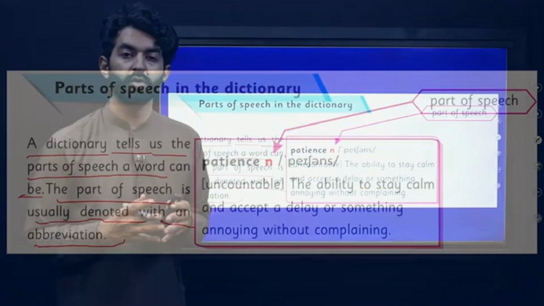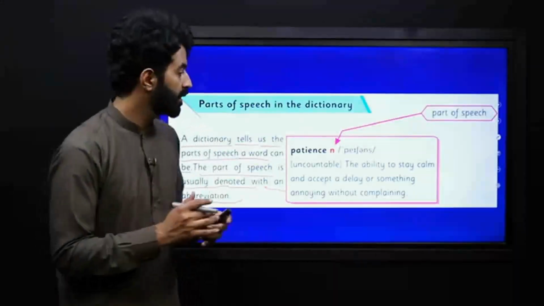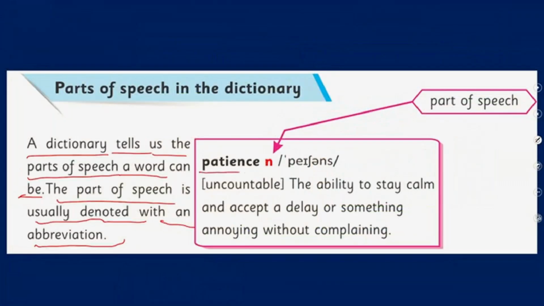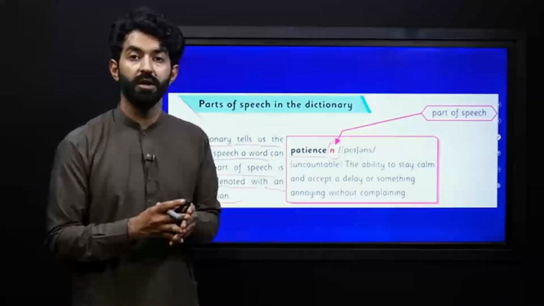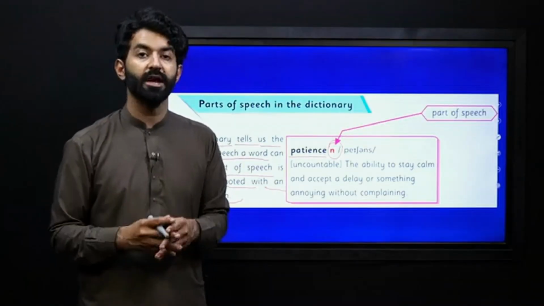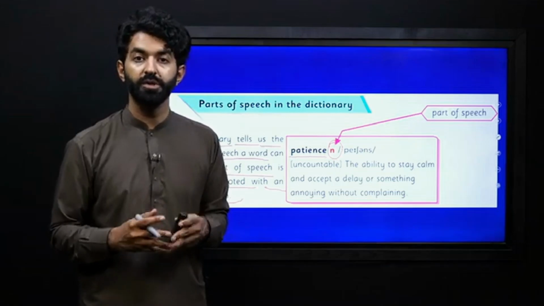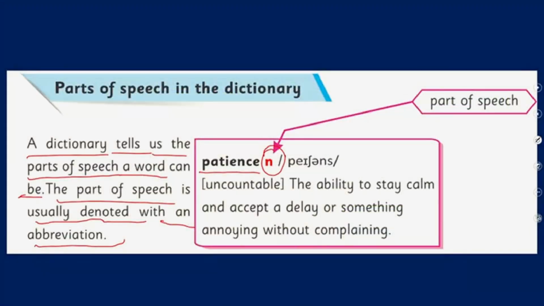So you may have seen that in the dictionary, when you're looking for a word, with that word you have an abbreviation, and that abbreviation represents the part of speech. It tells you whether the word that you're looking for is a noun, an adjective, an adverb, a preposition, and so on. So this indication is of the parts of speech.